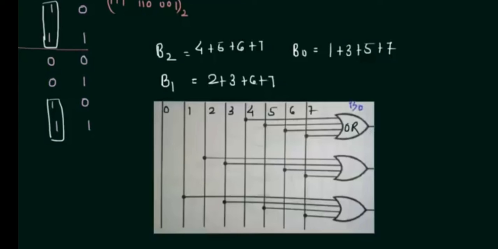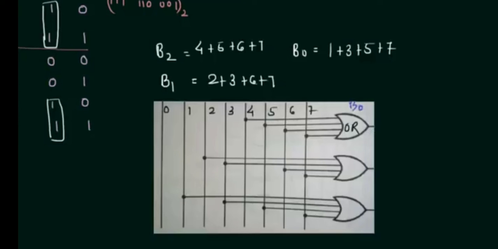Look at this gate symbol. 7 is activated in B2, B1 and B0, which means all these 3 will give you 1, so you will get 111. Now look at 6, which is 110. It is activated in B2 and B1, so automatically the B0 value will be 0.